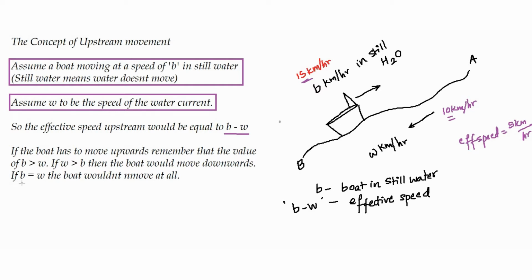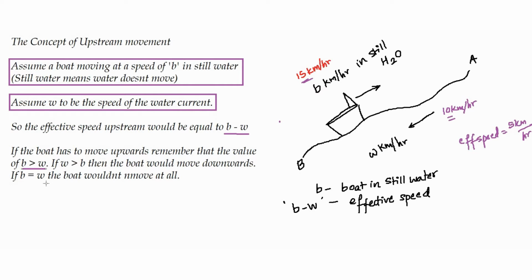Now, of course, we have to remember that B has to be greater than W for the boat to move upwards. If W was greater than B, that is, if the water current was flowing much faster than the boat, then the boat would move downwards, right? So for a boat to move upstream, its speed definitely has to be greater than the speed of the water.